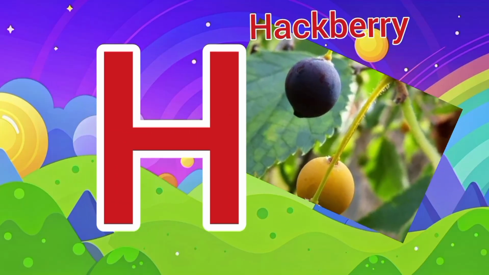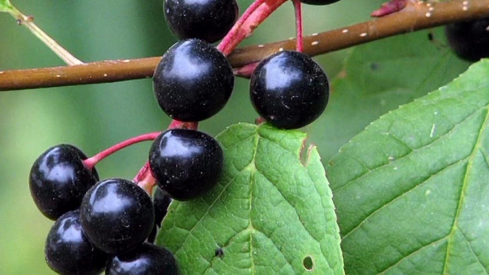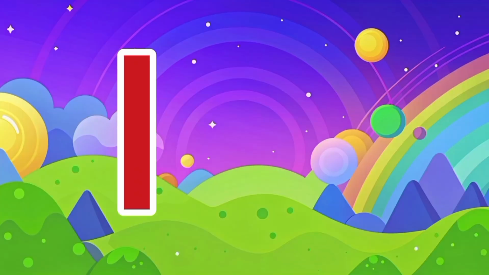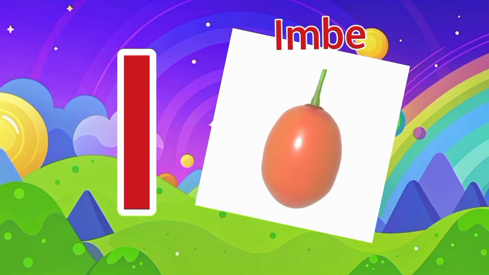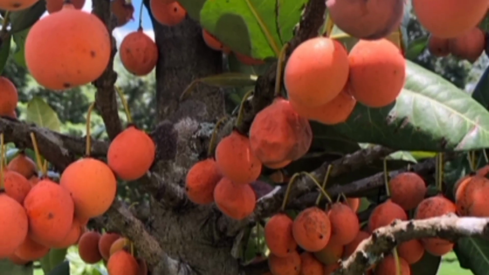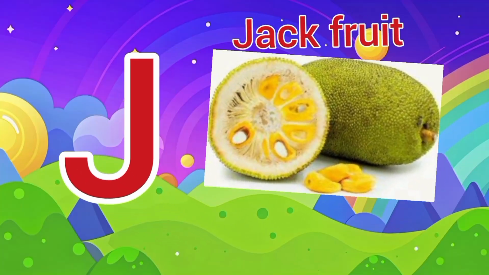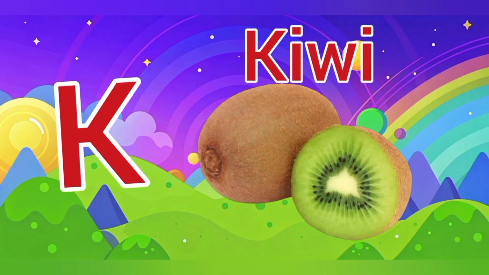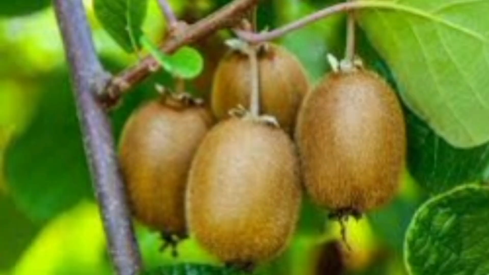H is for hackberry. I is for imbe. J is for jackfruit. K is for kiwi.